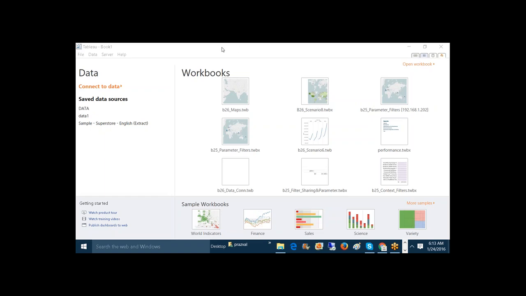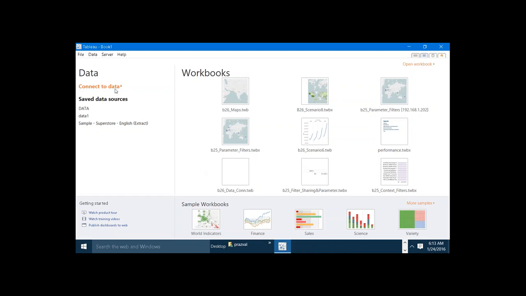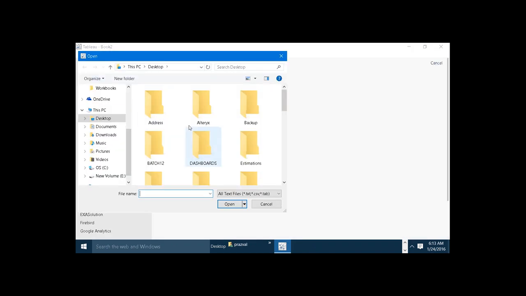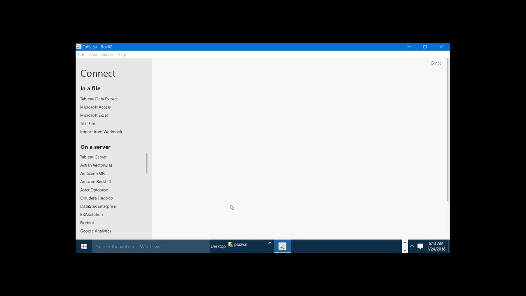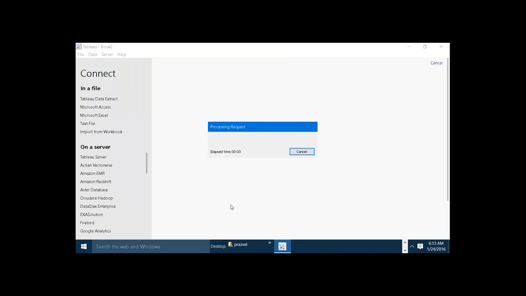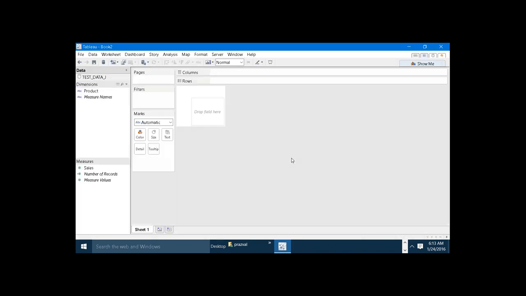In today's session, I'm going to discuss some basics of the data warehouse. Because if we connect to any data source, let's say I'm connecting to one sample source, here Tableau is segregating the data fields in the form of dimensions and measures.